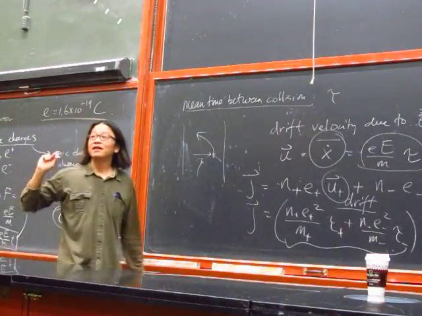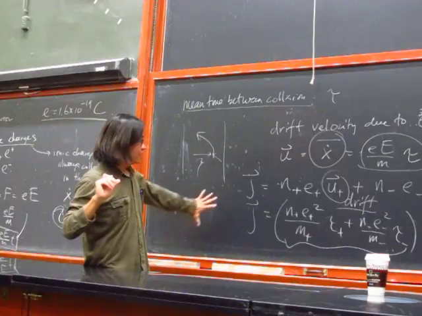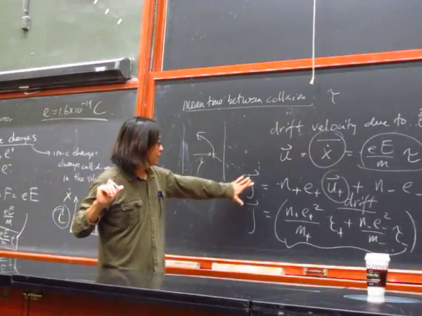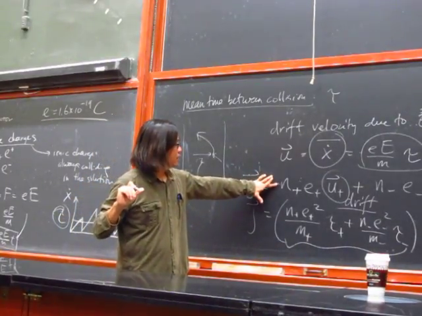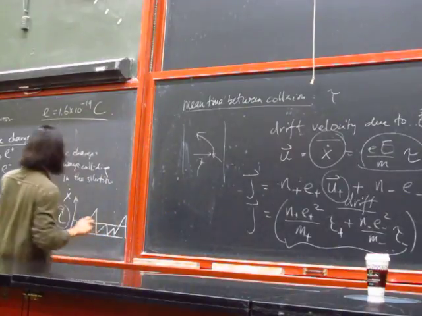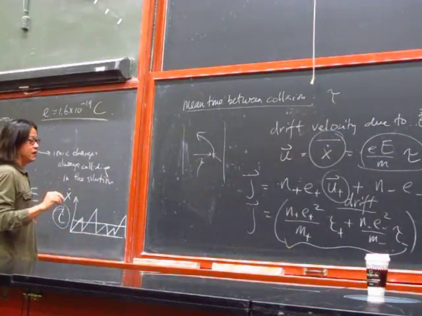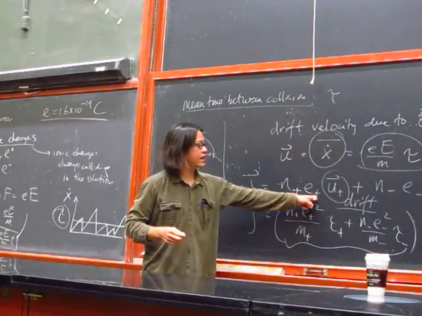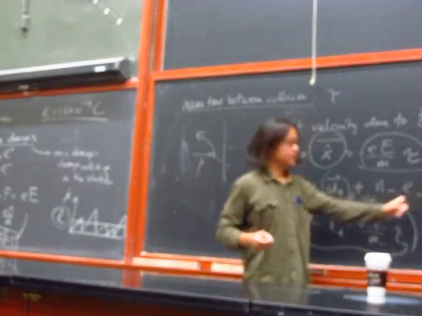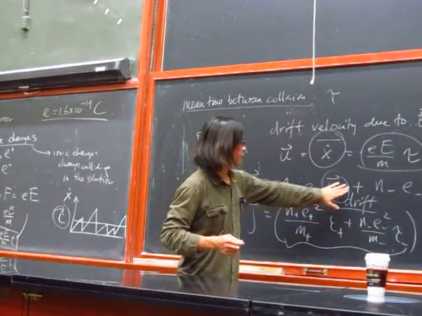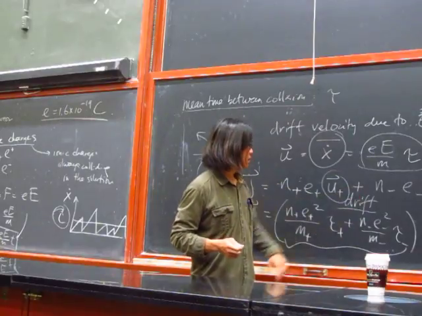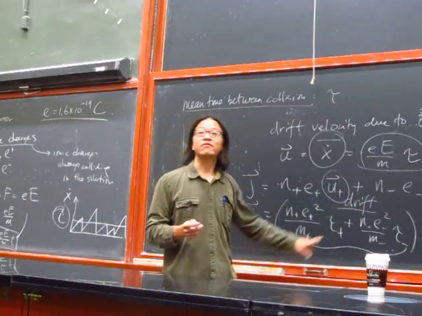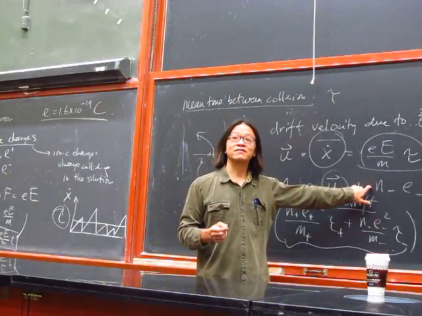Is there a reason why you changed it to a plus? You originally had minus n minus e minus u in that equation, and the second term you changed to a plus. Oh, you mean from the last lecture, where I put minus.